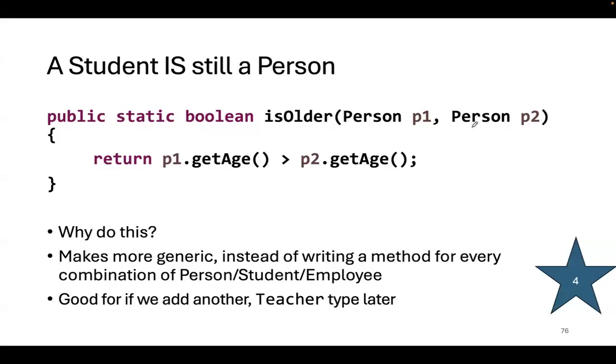So as long as we're asking for something like age, which is something that a person has, we can refer to them by a person reference. And so that's what allows us to do this. And so this helps make it more generic and helps us to future-proof it. So if we're asking to compare the age of a student and an employee, we can do that.